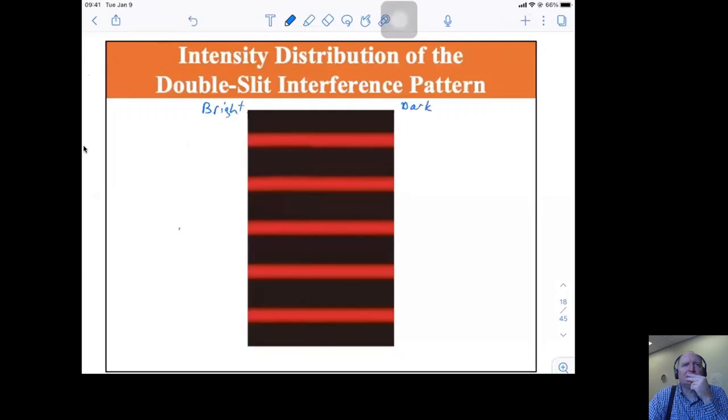This is m equals 0. Of course, this is m equals 1, m equals 2. This is m equals minus 1. Oh, it looks like a 2. M equals minus 1. M equals minus 2.